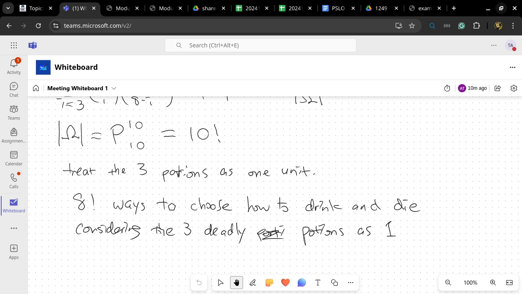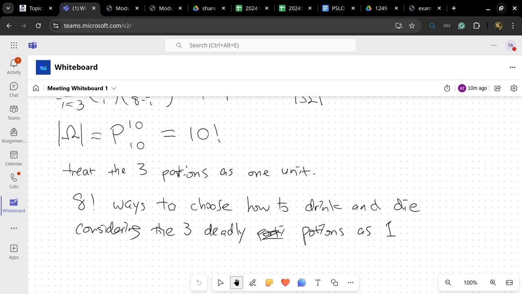In other words, it is as if somebody pre-mixed the 3 deadly potions into its own little bottle, and said, instead of the 3 individual potions, I just put this pre-mixed deadly potion into the mix, and how many ways can you die? Because you're guaranteed to die this time.